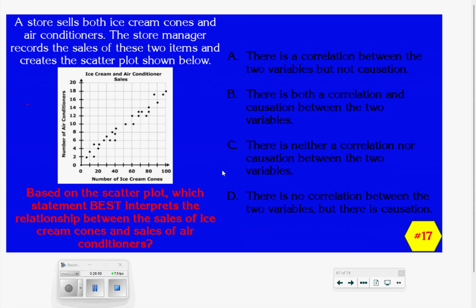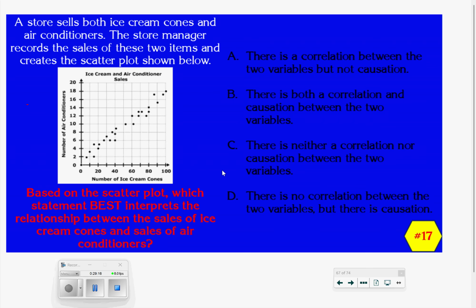All right, so this question right here talks about correlation and causation. Let me go over what both of those things mean, and then I'm going to let you see if you can solve it. Correlation means that two variables are moving in a similar way. As one goes up, the other goes up, or as one goes up, the other goes down, at a similar rate or speed, close to each other.